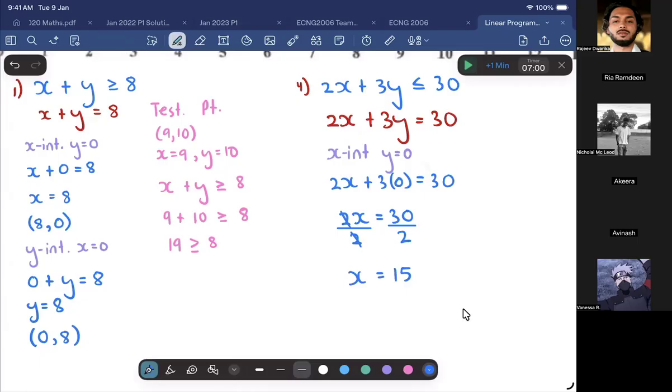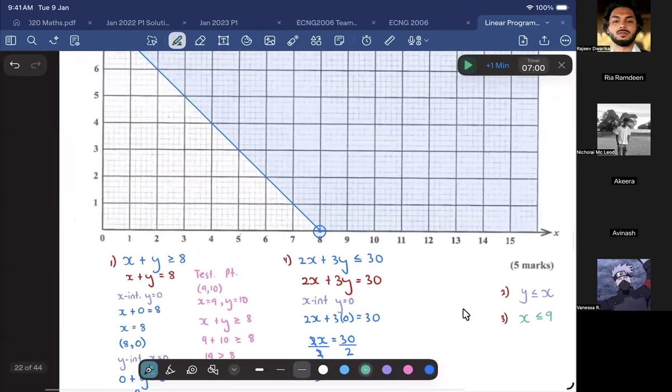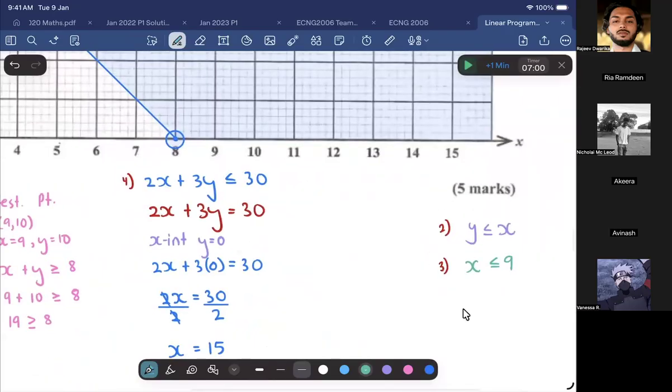You understand that? So in other words, my graph is going to cut my x-axis at what value? 15. Right. So on my graph, on the x-axis, where I see 15, I'm going to put a little dot. We okay with that? Yeah.